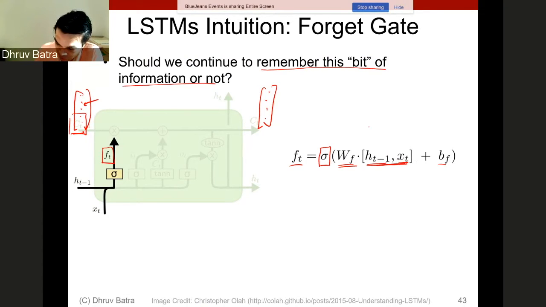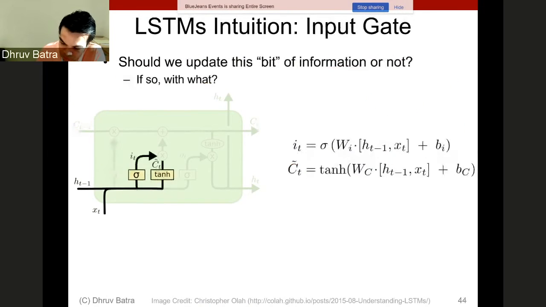So f_t is the same dimension, this is R^D as well, the same dimension as h_t, and we're going to interpret every coordinate of f_t as whether we want to forget this particular bit or not. We're going to play this same trick with a second variable i_t, and i_t tells us whether we should update this bit of information or not.